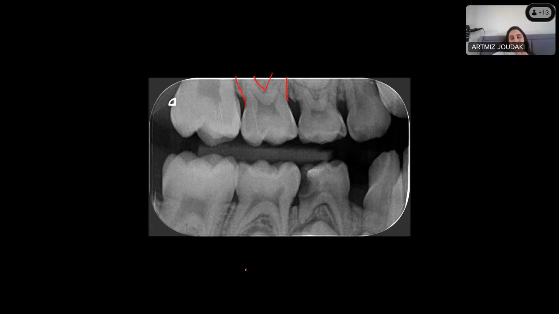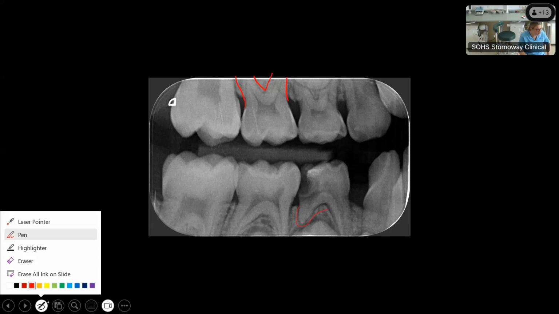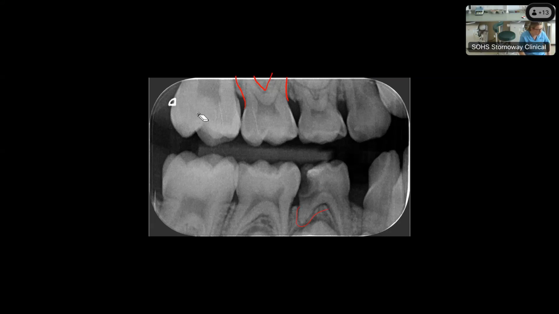Okay, yeah, so down here. Definitely got resorption of that root there. Okay. Anything else anatomy wise you would want to mention? I don't think there's anything other anatomy I would want to mention.